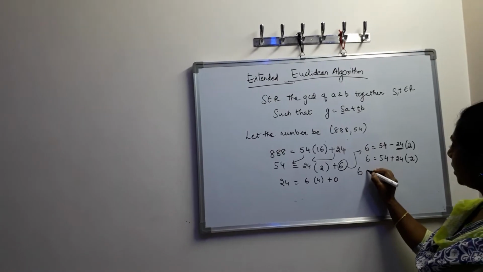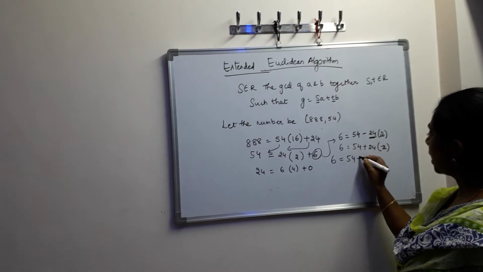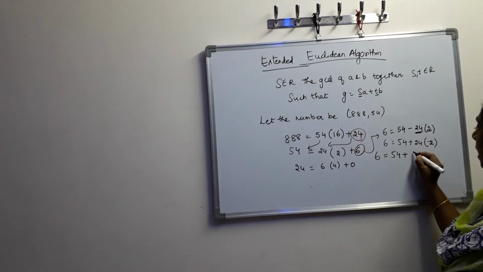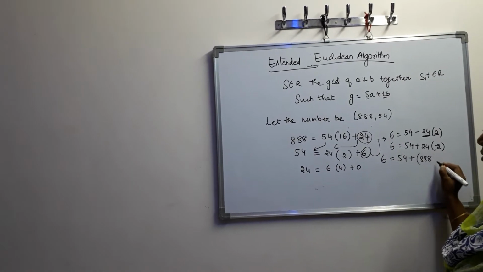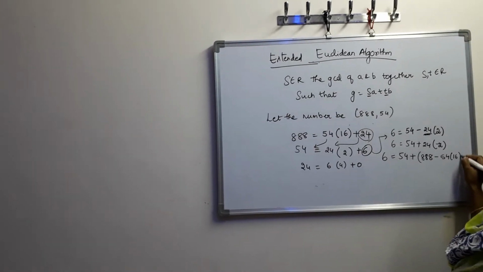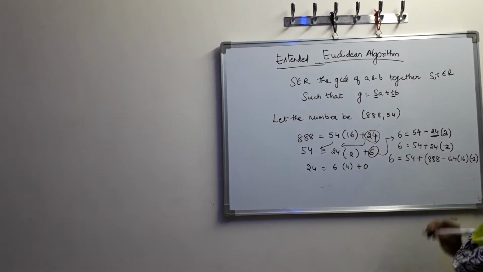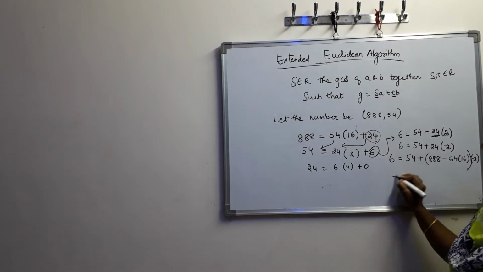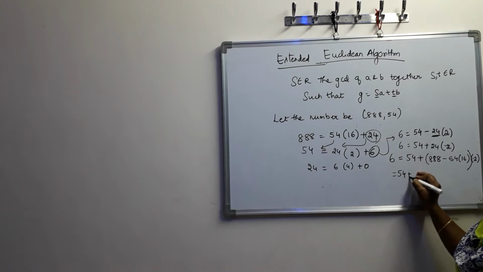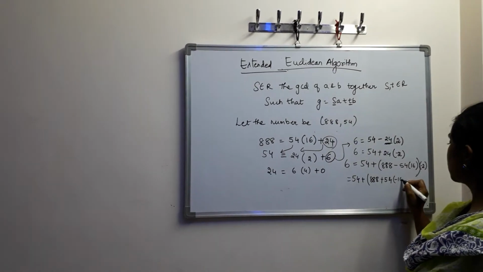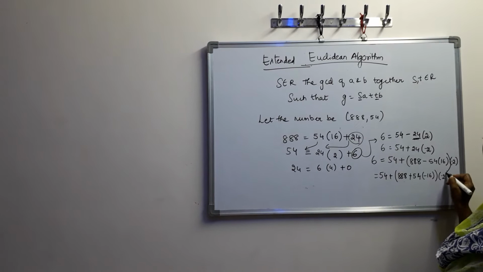Then we are going to write the values as 54 plus, substitute the value of 24 here. So 24 you can write as 888 minus 54 into 16, into minus 2. Now this you can write as 54 plus 888 minus 54 into 16, the whole into minus 2.